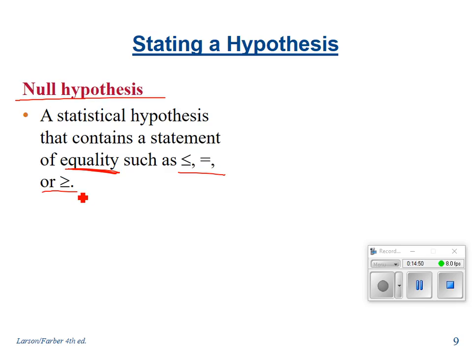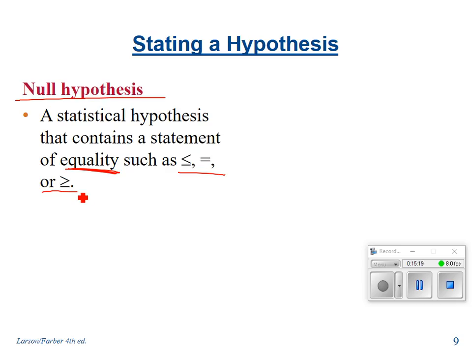So mu is less than or equal to 75 could be a null hypothesis. Always got to have that equal to part in it.